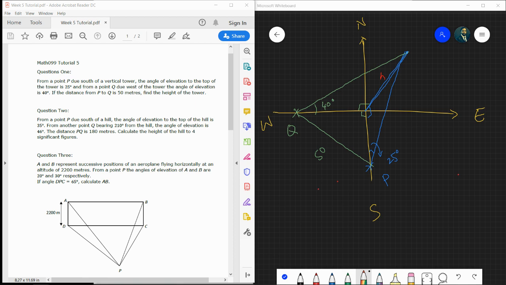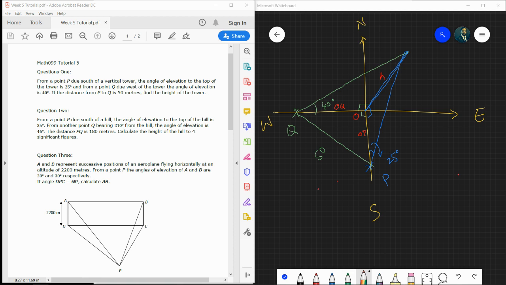So what can we do? We can say this is O. So we can say this is OQ and this is OP. Now you see, we can use tan 25 and tan 40 to find OQ and OP in terms of the height of the tower, and then you can use the triangle OPQ and apply Pythagoras theorem to get your height.